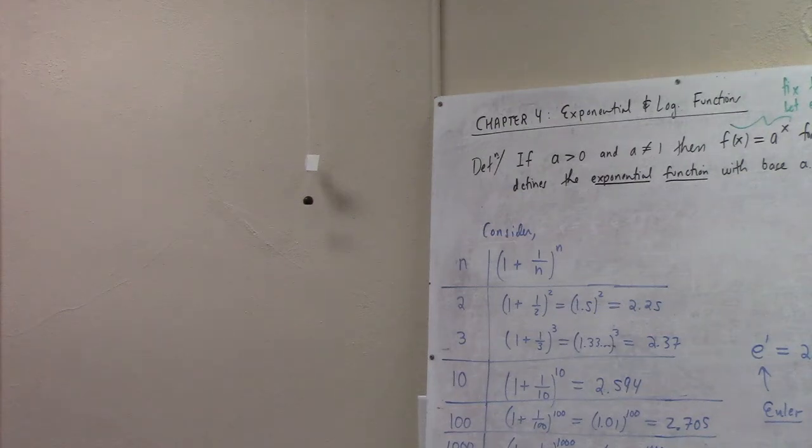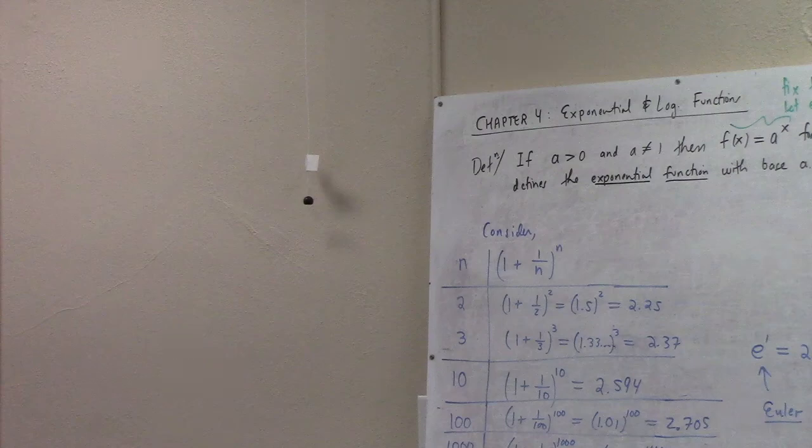They describe the growth of bacteria in a petri dish. Anytime you're looking at population growth which is unfettered, just growing freely, ignoring any constraints, exponential growth describes it pretty well.